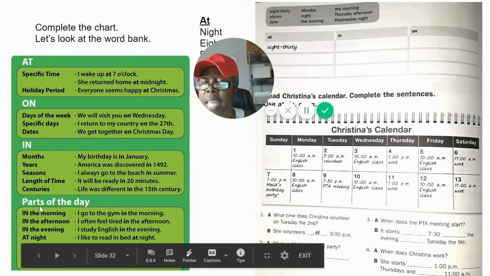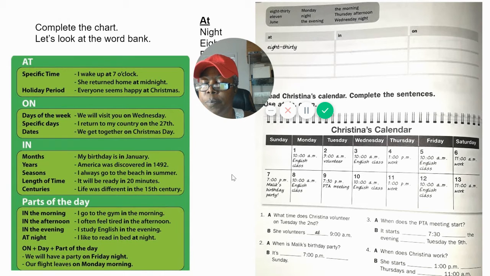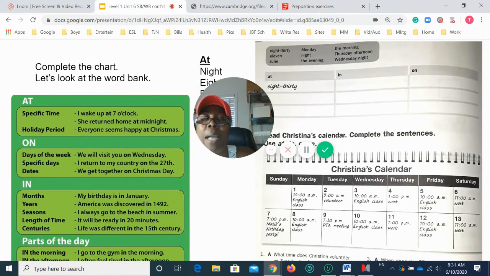And then parts of the day, we use in for the morning, the afternoon, and the evening, and we use at for night. If you have an example where you have a day plus a part of the day, we use on. So for instance, on Friday night, on Monday morning. Okay? All right, so let's go back to our quiz.